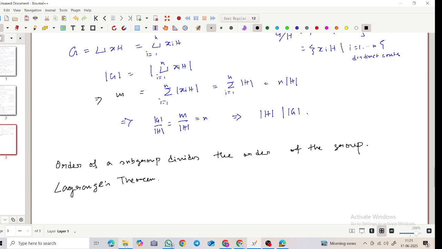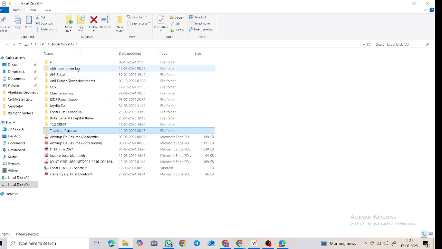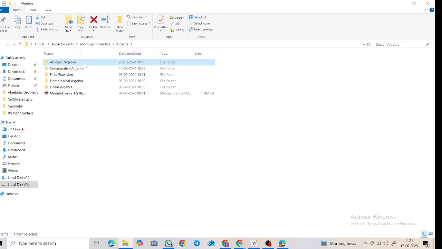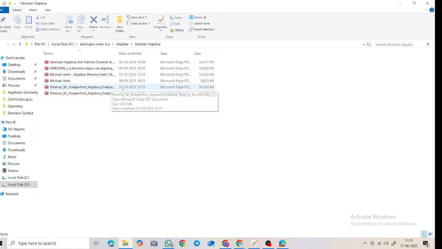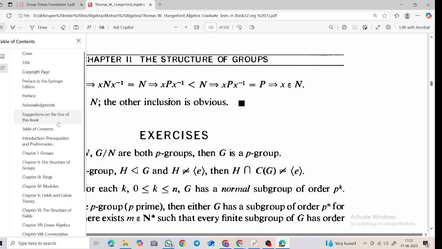But from the next class, we will be thoroughly following Hungerford. Because, at least in the early stages, you are only BSc, so if we go with a particular textbook, it will be easier for you to revise from the textbook itself.